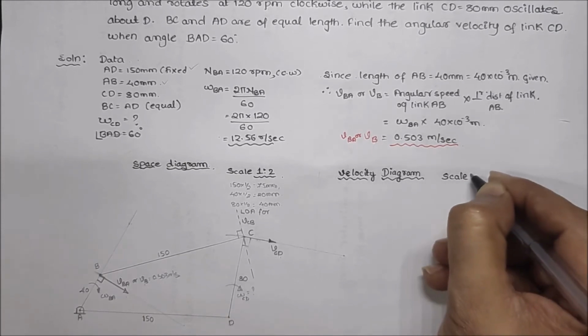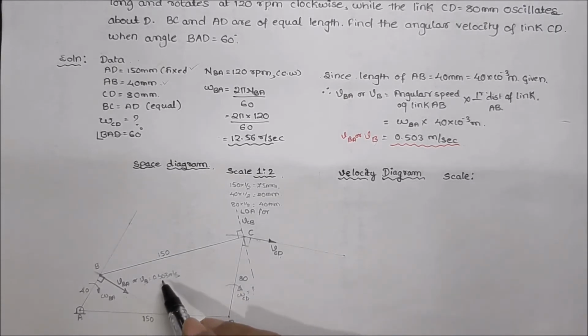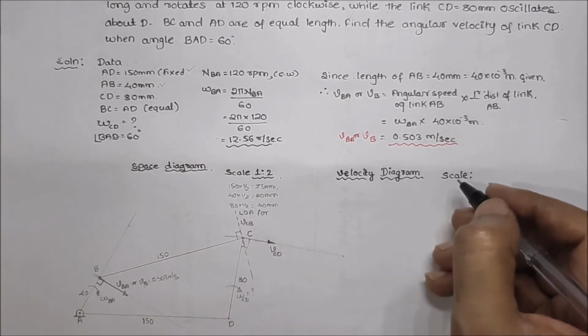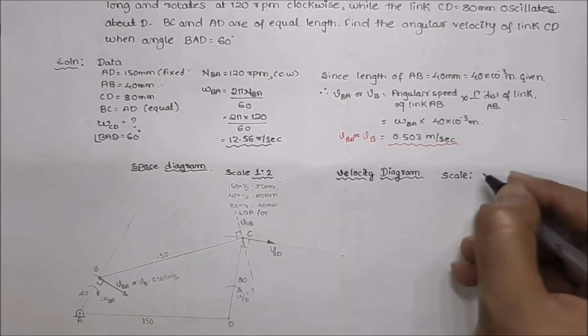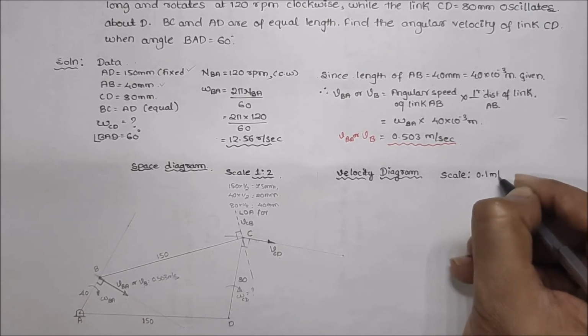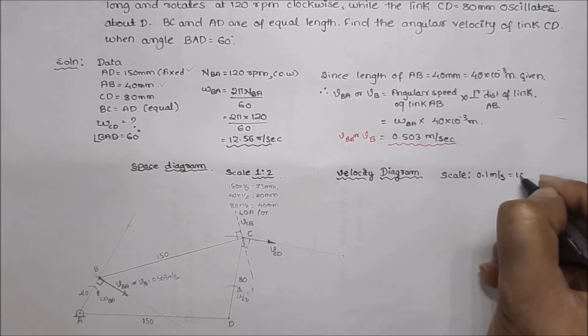From where will we get the scale? We know one known magnitude, that is 0.503 meter per second. So we'll take a scale from this itself, that is 0.1 meter per second equal to 10 mm.